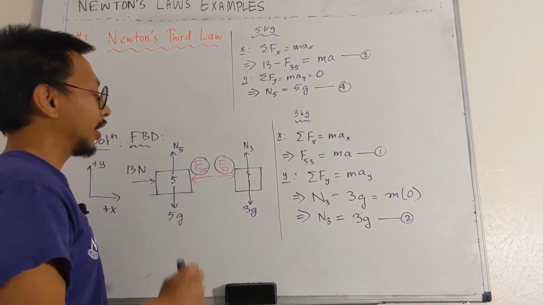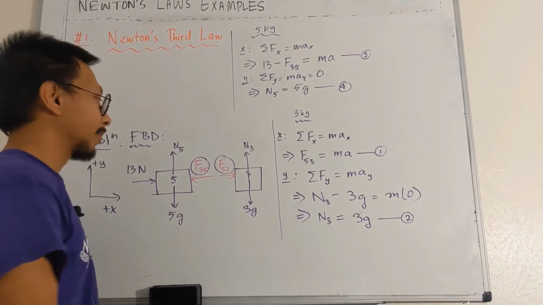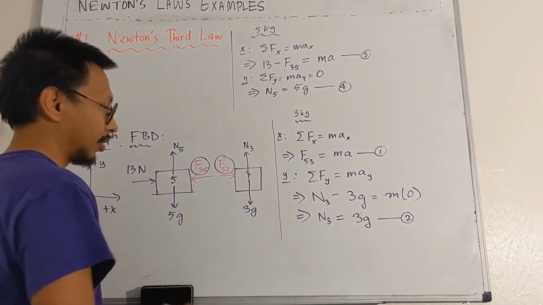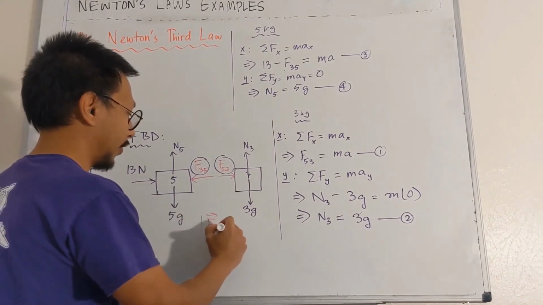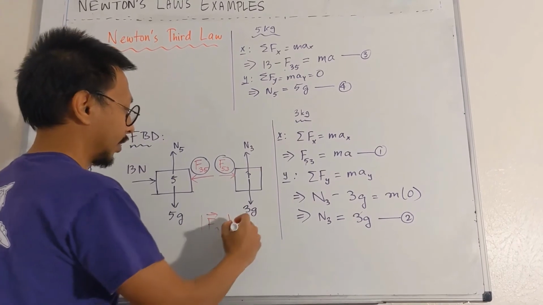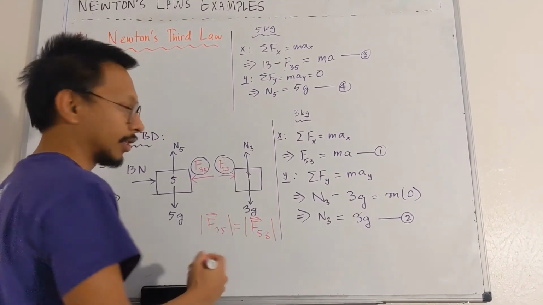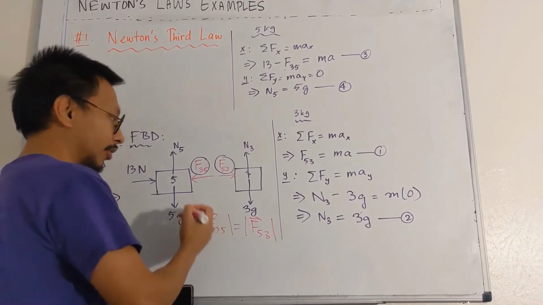Well, first of all, realize that this is a Newton's third law pair, meaning their magnitudes must be equal. So the magnitude of F35 is equal to the magnitude of F53. This is a consequence of Newton's third law. However, their directions are opposite to each other.